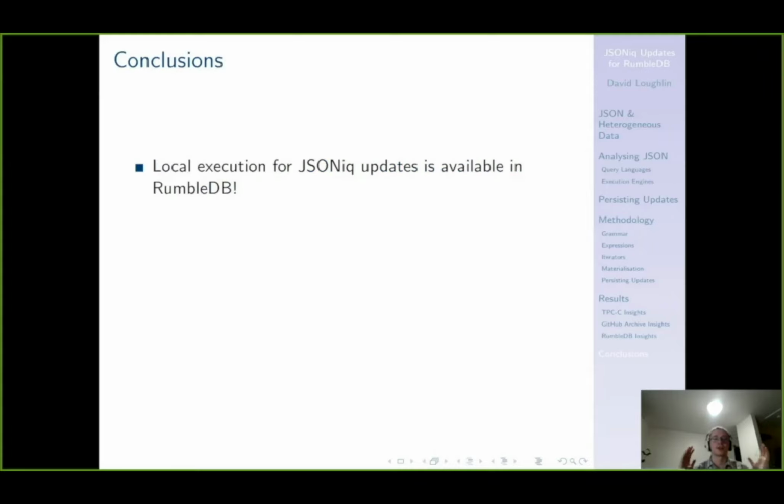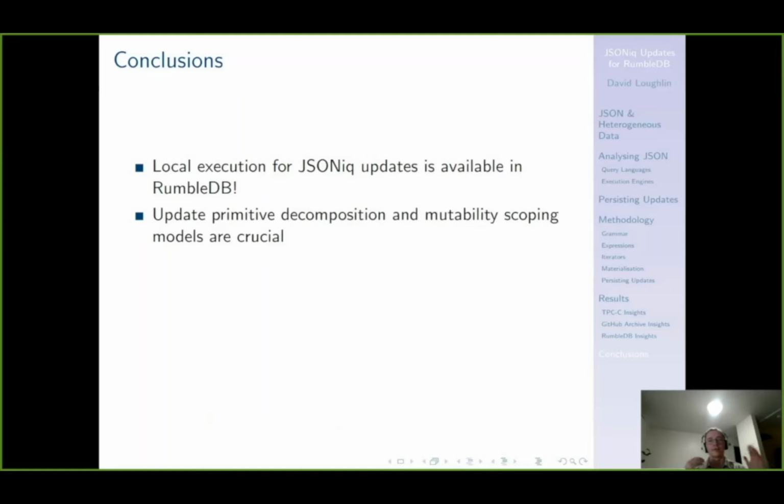This work has managed to bring JSONiq updates to RumbleDB, laying the foundation for future work on expressive updates for heterogeneous data. These future updates could also benefit from the Target-Selector-Content decomposition of update primitives that we proposed and the mutability scoping to manage nested updates in queries.